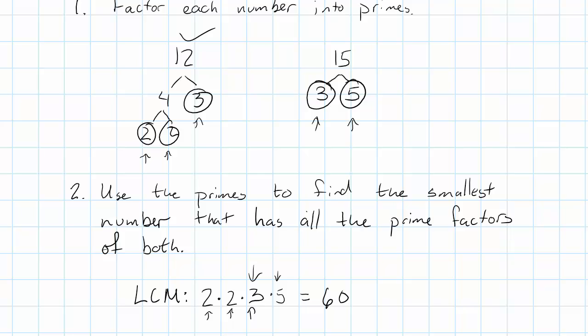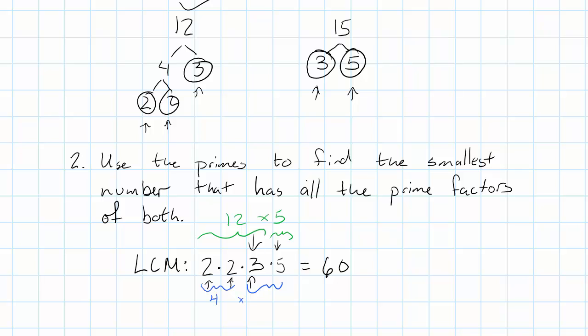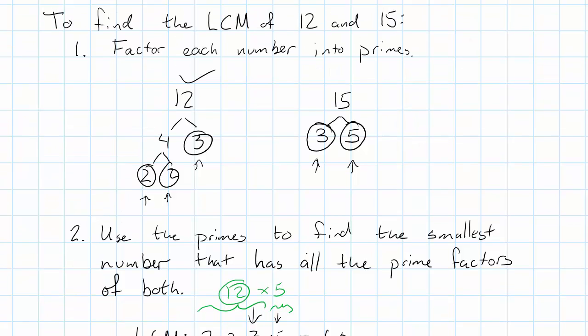So 60, right, is 12 times 5, or 4 times 15. So 60 is a multiple of 12 and also a multiple of 15. Alright, let's carry that back to our original problem.